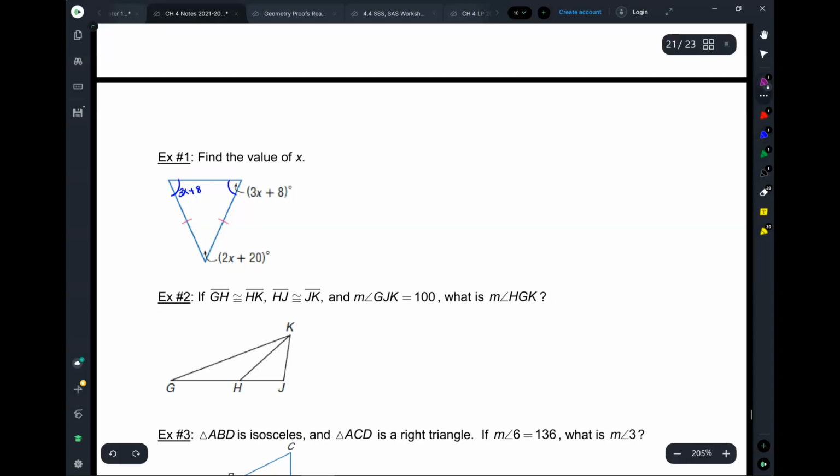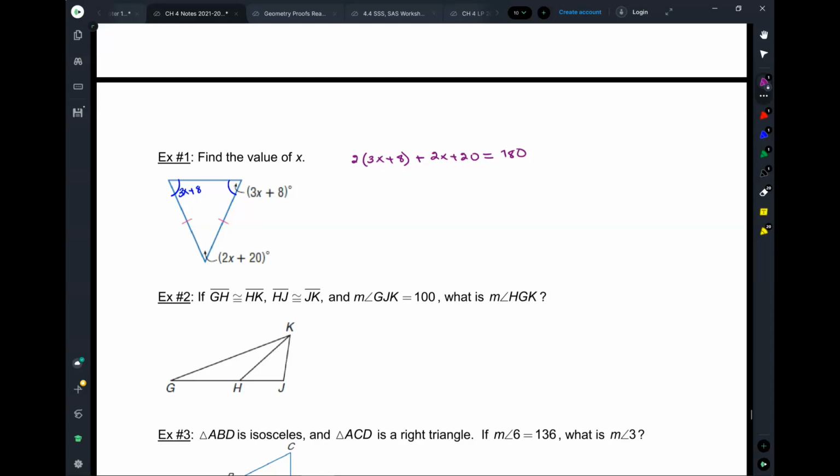Now I have two of these 3x plus 8 angles. So two of those plus the third one, that's all three angles. It equals 180 degrees.